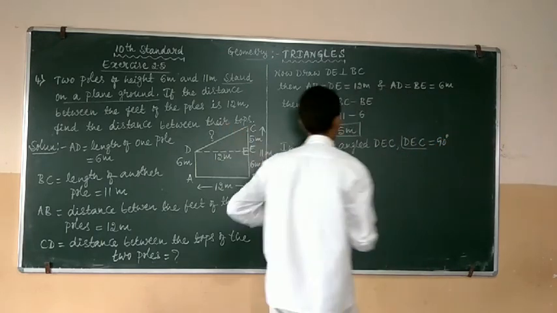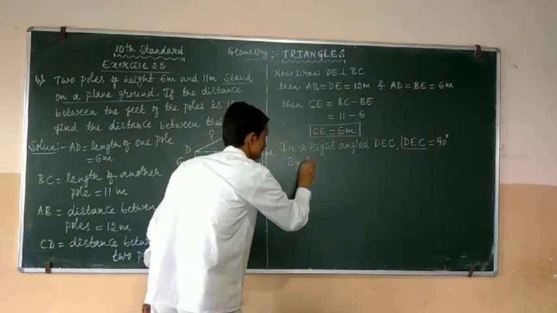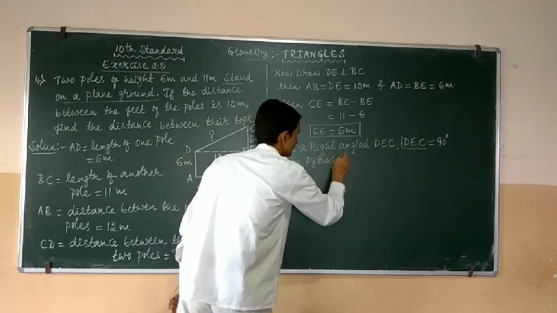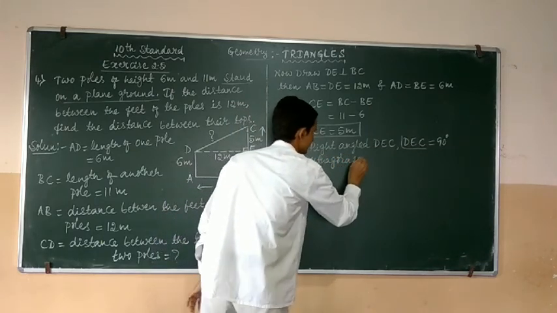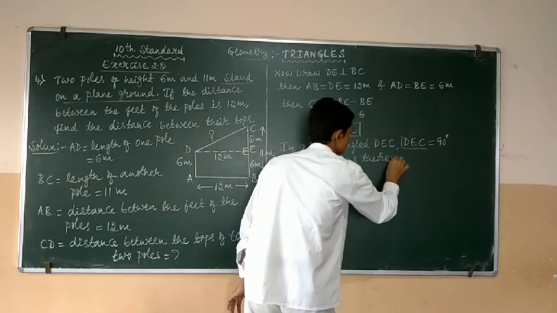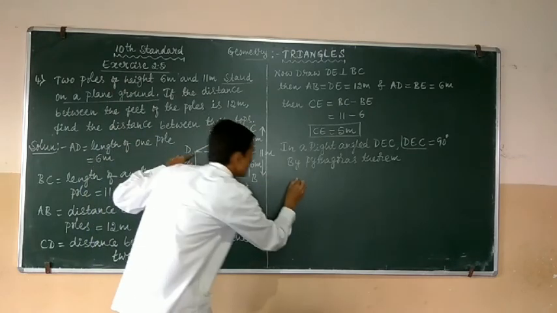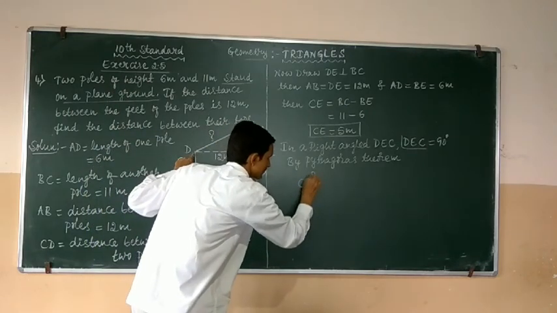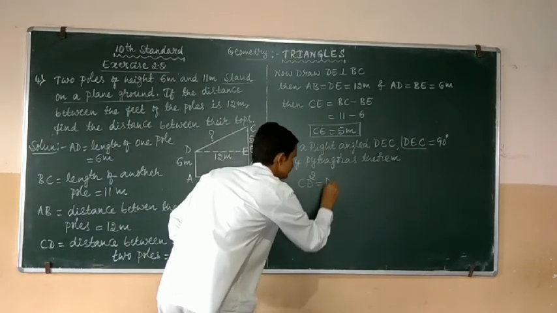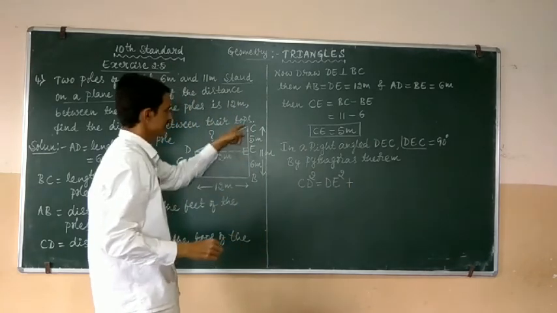So by Pythagoras theorem, CD square equals DE square plus EC square.